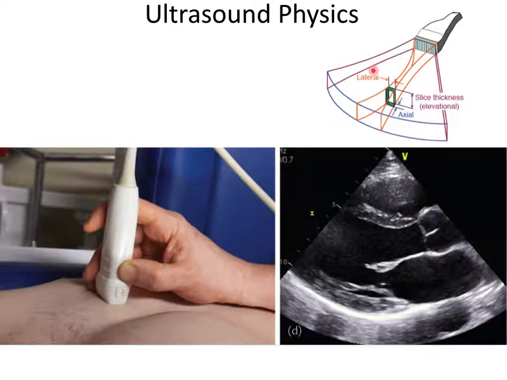This transducer sends out a beam of sound waves, and it has a certain thickness, which we'll call a slice thickness, or the elevation. If we make a pixel in this field of view in front of the transducer, you have lateral resolution, which is the angle resolution, which is the resolution in this direction in the picture.